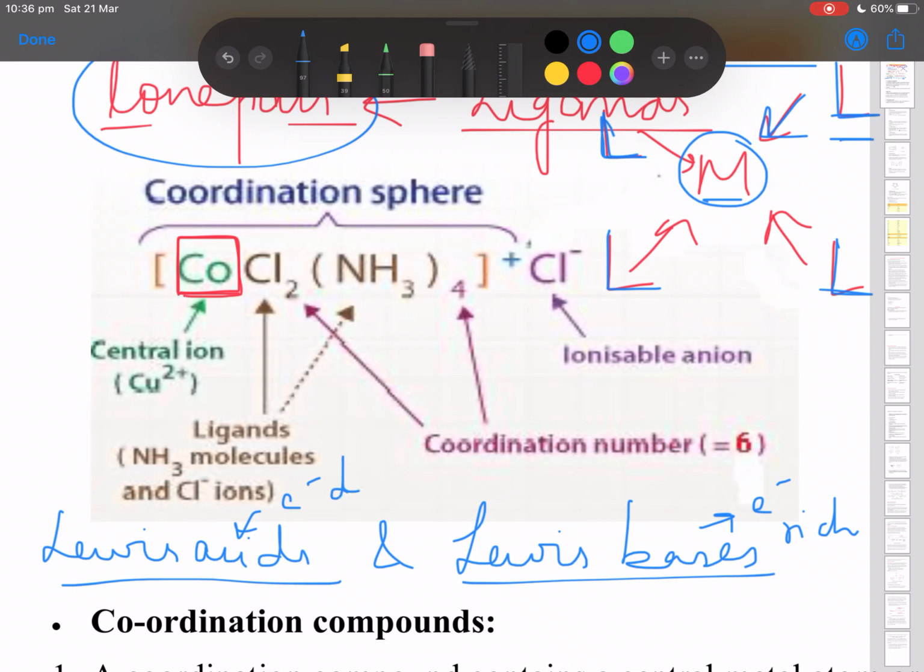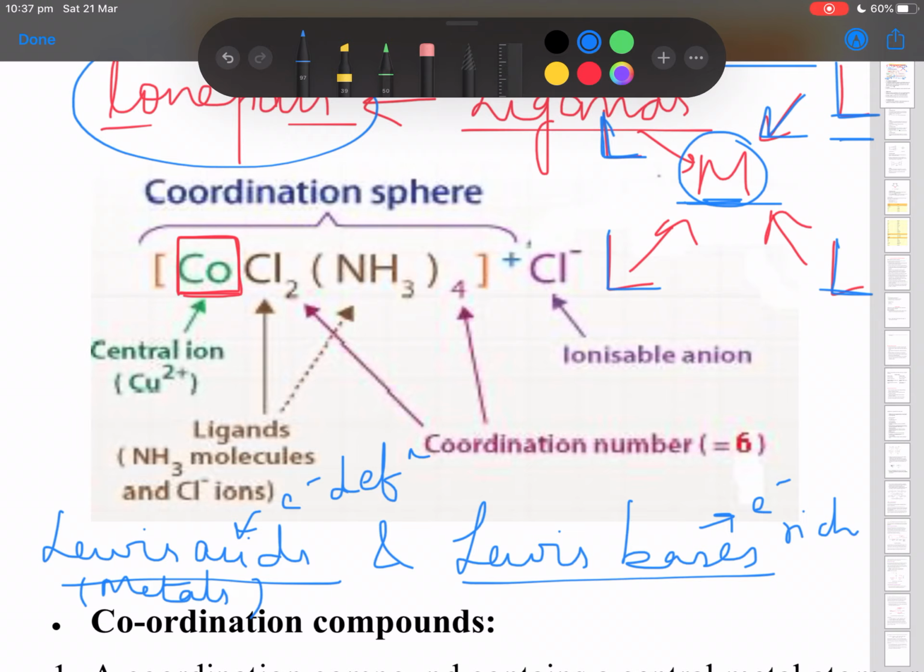So over here, if I ask you whether metal atom is going to act as a Lewis acid or a Lewis base, what's your answer? Of course, the metal atom belongs to D block, that's a transition metal, and they have unpaired electrons in their d orbital. That means they are deficient of electrons. So all central metal atoms in case of complexes are Lewis acids.